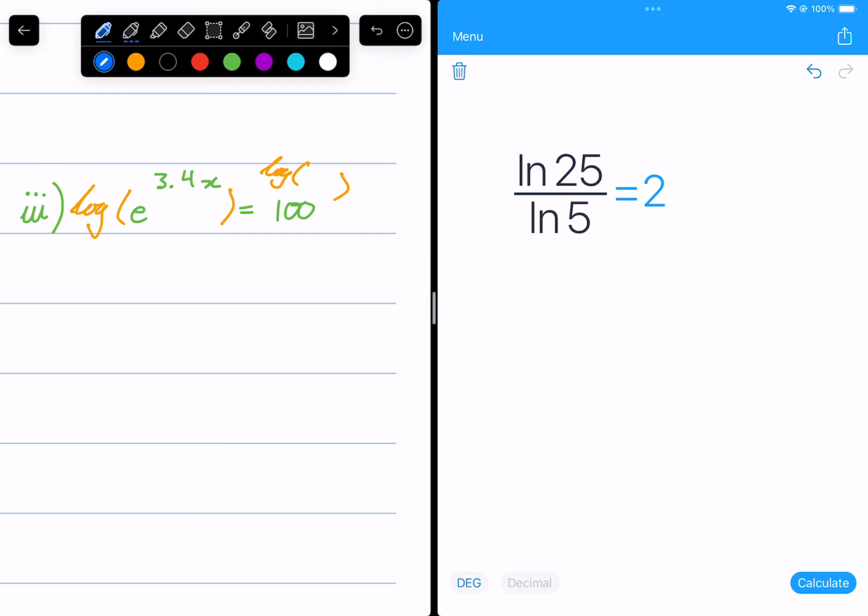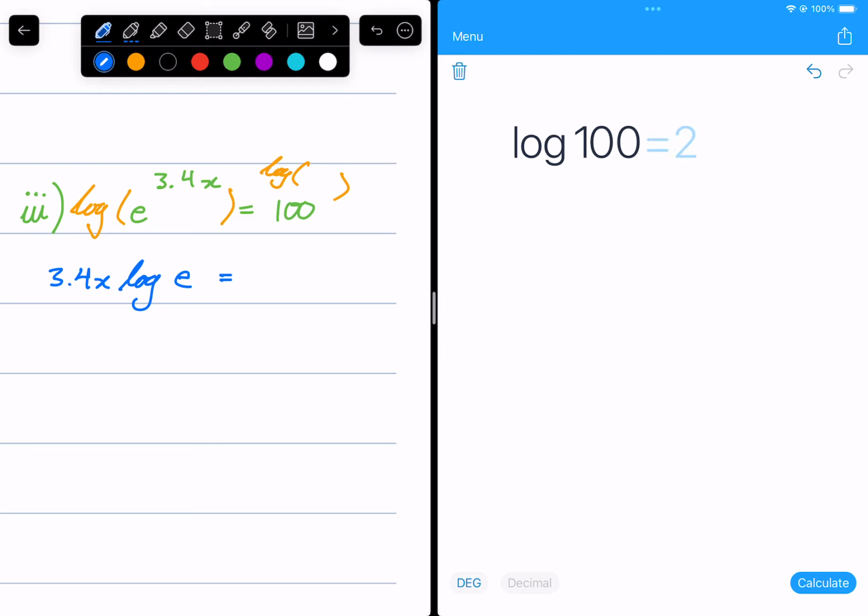So these two, well, this will now move to the front. This becomes 3.4x log of e. Now this, if you take a look, this is log base 10 of 100. This can indeed simplify. So this, if you just check your calculator, log 100 becomes 2.